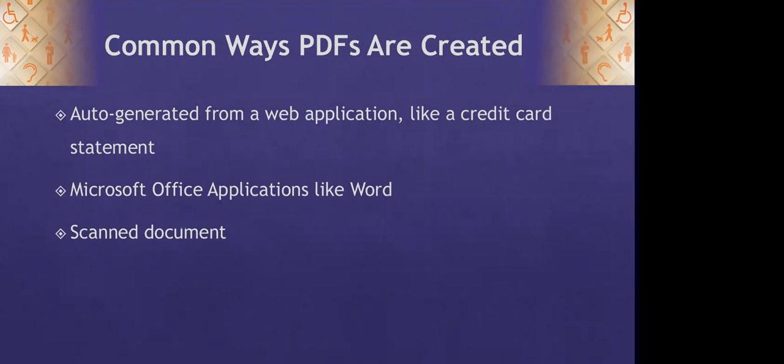So first off, auto-generated PDF documents from a web application. So think about, you go in and log into your credit card account, and you can download a statement. Those are generated automatically. A bank statement download, etc. So those kind of companies need to think about that, because that plugin needs to create an accessible PDF document.